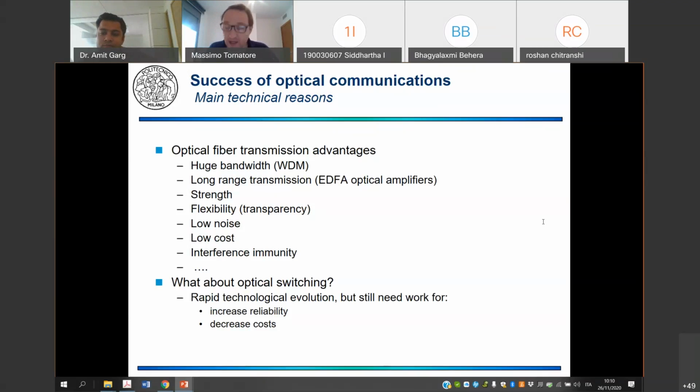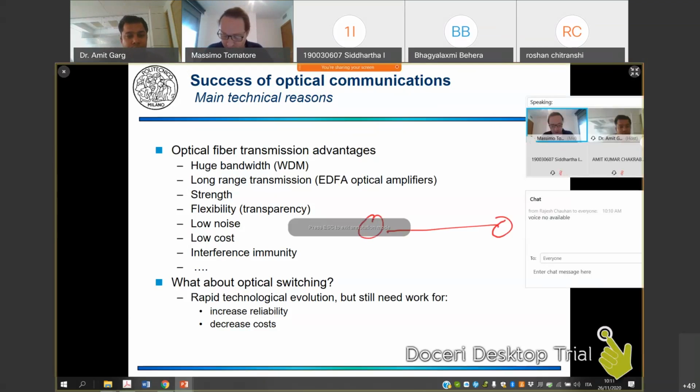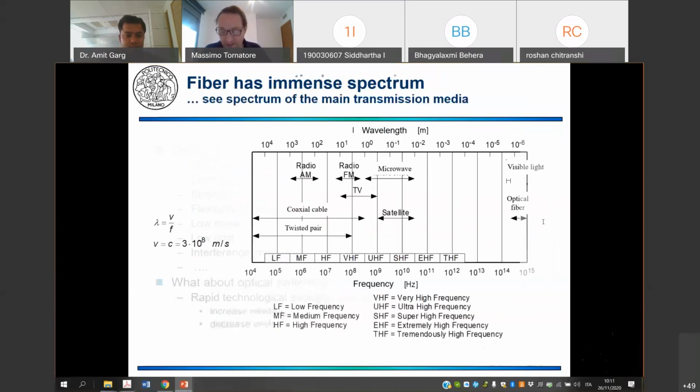Okay, so I was saying, we somehow all agree on the fact that we are transmitting bits from A to B. If we're talking about point-to-point transmission between A and B, then there is no discussion that fiber transmission is the way to go. Just quickly making a couple of examples. Here I'm plotting the spectrum of the fiber as a function of the frequency.